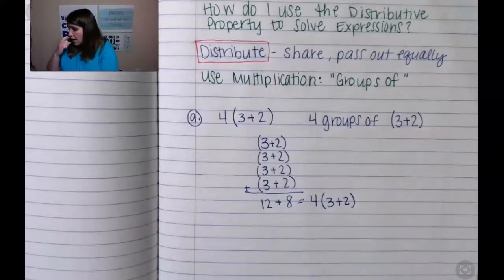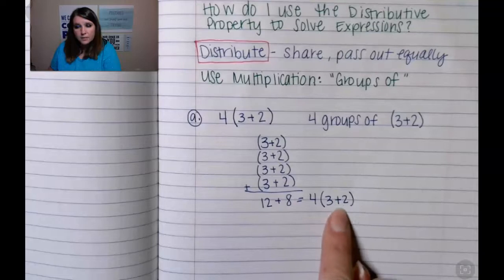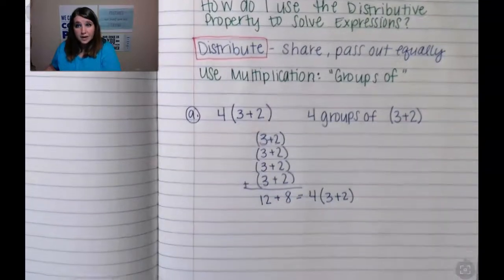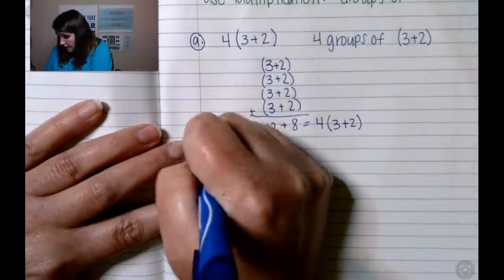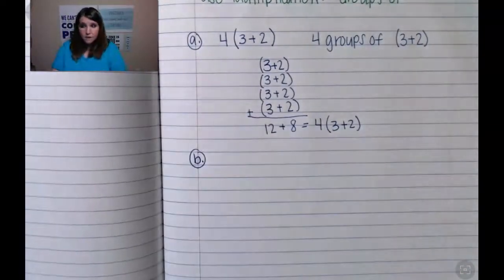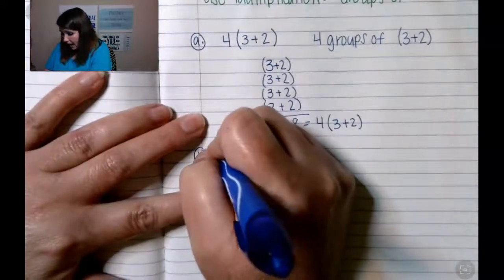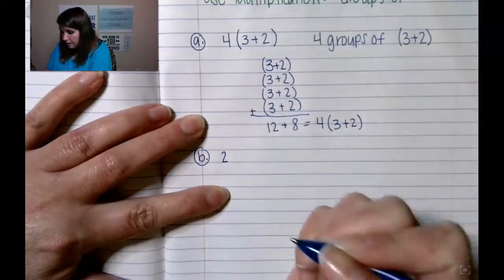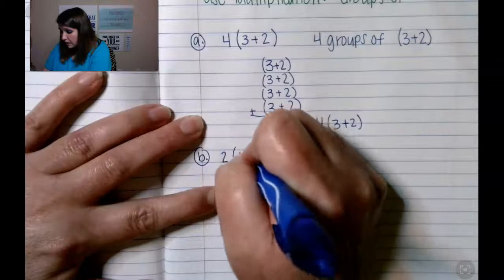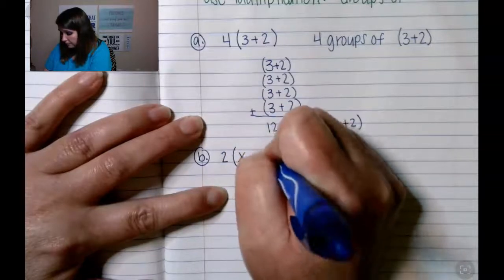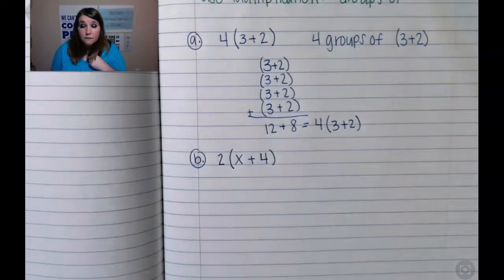And the reason why they don't want you to multiply or add inside the parentheses first is because of example B. And let me show you why. It comes to this idea of algebra. So let's say that I have a problem that looks like this. 2 groups of x plus 4. Okay, so I have two groups of x plus 4.